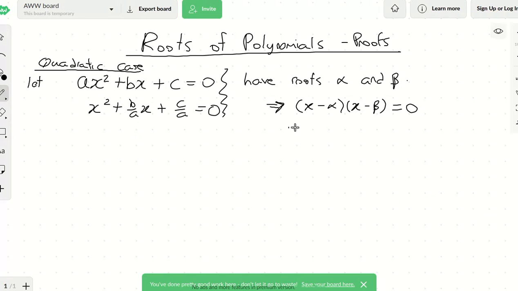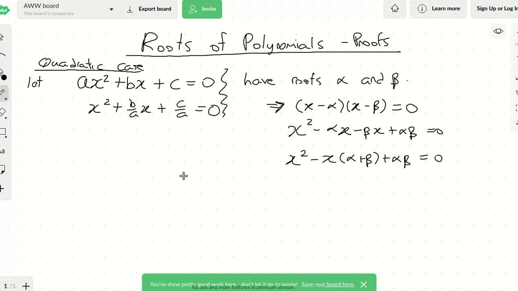All I need to do is multiply out these brackets. I get x squared minus alpha x minus beta x plus alpha beta equals 0. And that gives me x squared minus x times alpha plus beta, plus alpha beta equals 0. Now, this is supposed to be exactly the same quadratic as this one. It's supposed to have exactly the same properties.